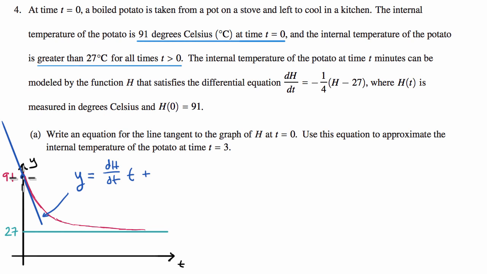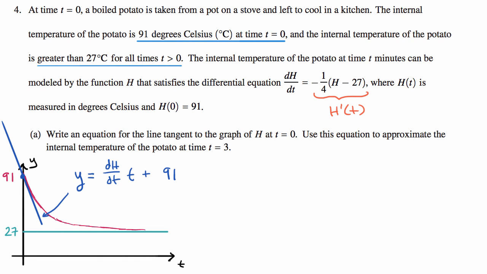Well, when t is equal to 0, the value of this equation is going to be 91, because it intersects our graph right at that point (0, 91). So what is our derivative of h with respect to t at time t equals 0? Well, we just have to look at this. You could also write this as h prime of t right over here.